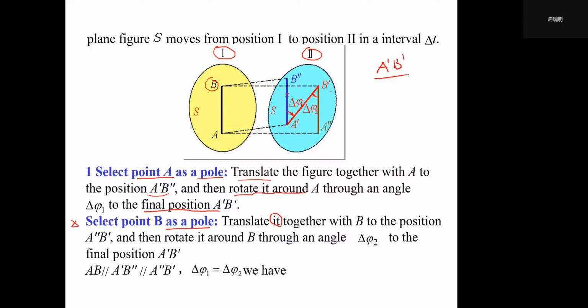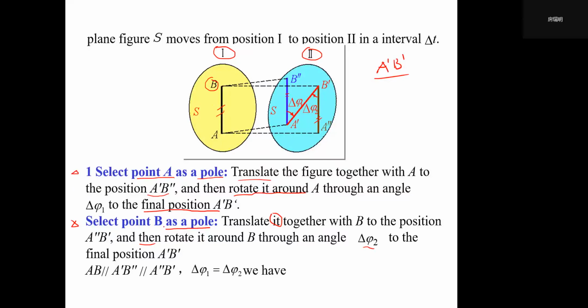So we have this intermediate position B prime A double prime, which keeps its original orientation. Then rotate about B through an angle delta phi 2, to the final position A prime B prime. So you can find, from these two methods, one is to select A as a reference point.